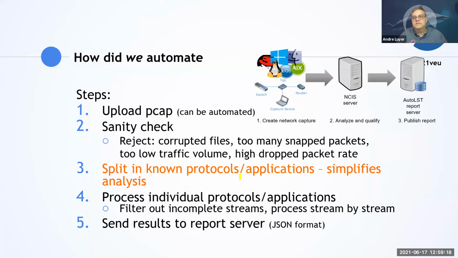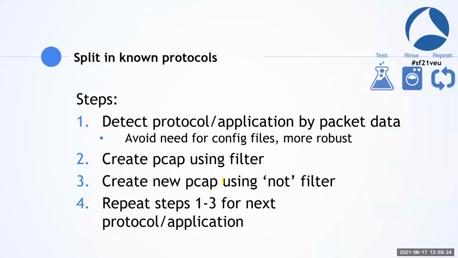Okay, split 15 minutes, yes. Like I said, splitting up into known protocols makes life a lot easier. For instance, if you see a web server running on a high port number, then maybe that's an issue, but you can also look at the data, what's being sent, and say, okay, that's a Splunk agent and not a normal web server.